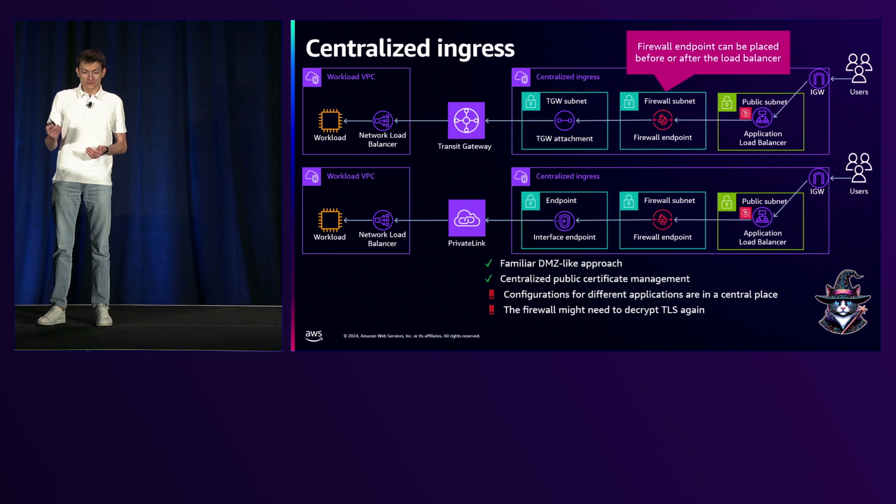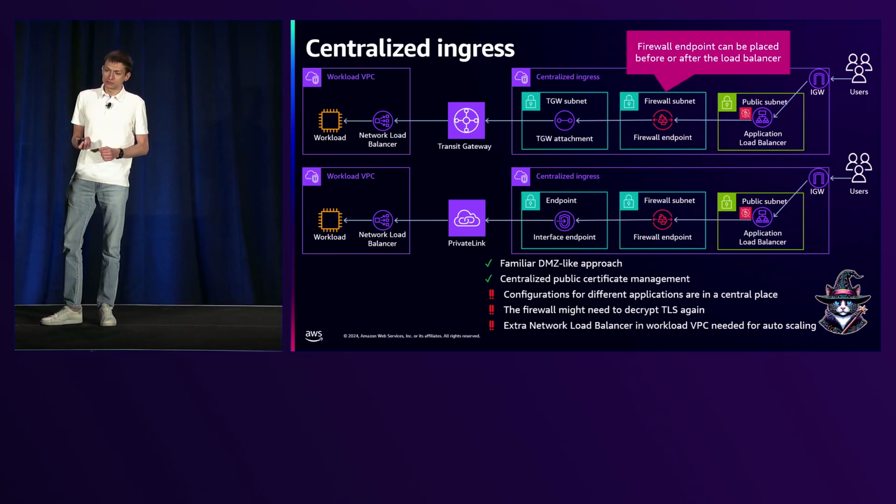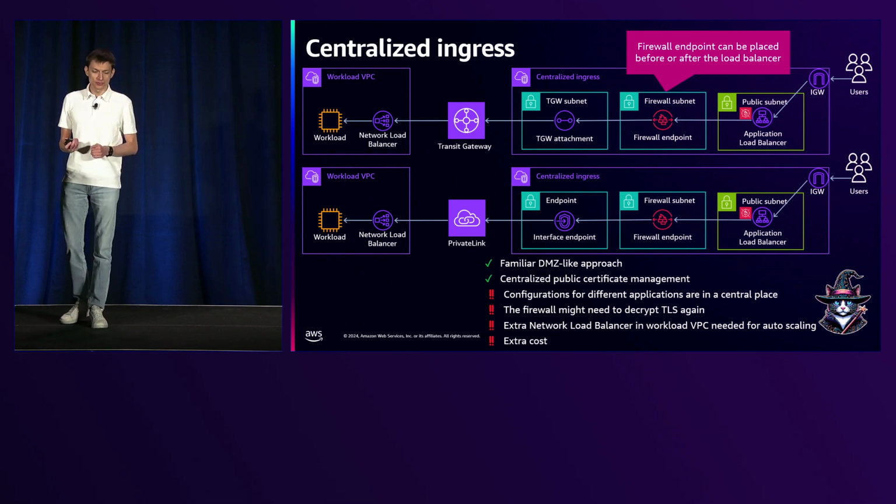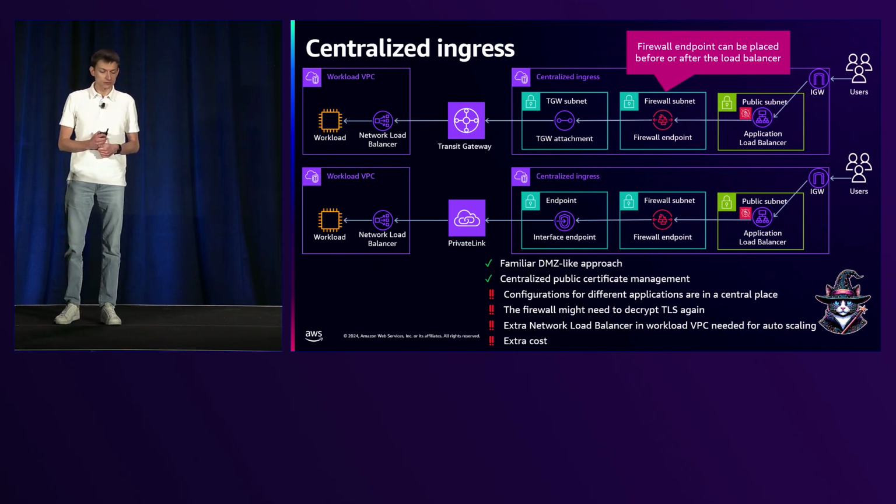Another thing is your firewall might need to decrypt TLS for inspection and then re-encrypt it again. You will also need an additional load balancer in your workload VPC if you want to have some kind of auto-scaling. And this option will be also much more expensive.